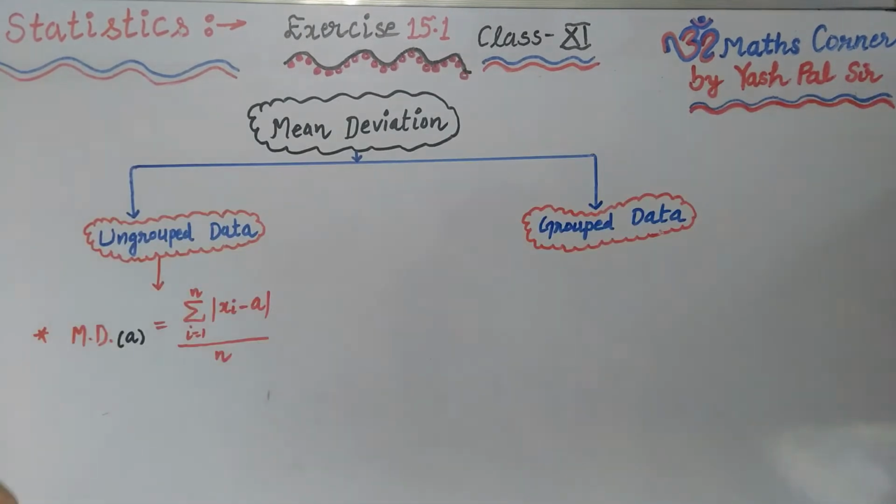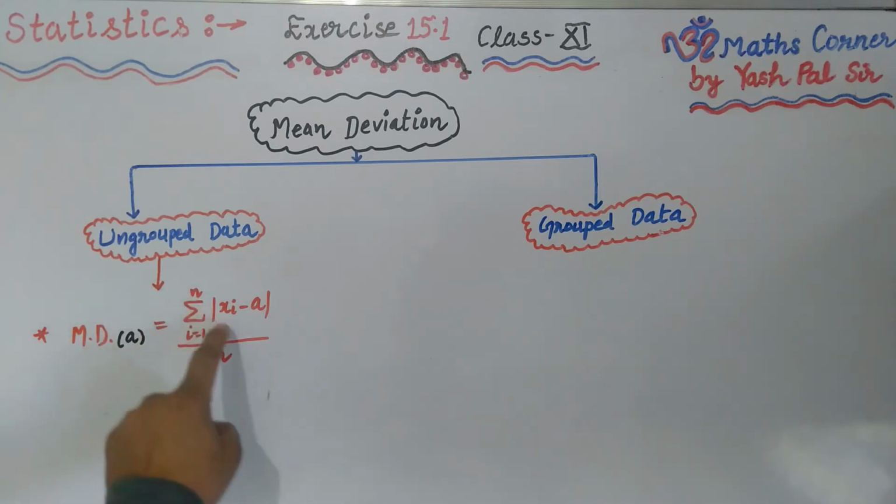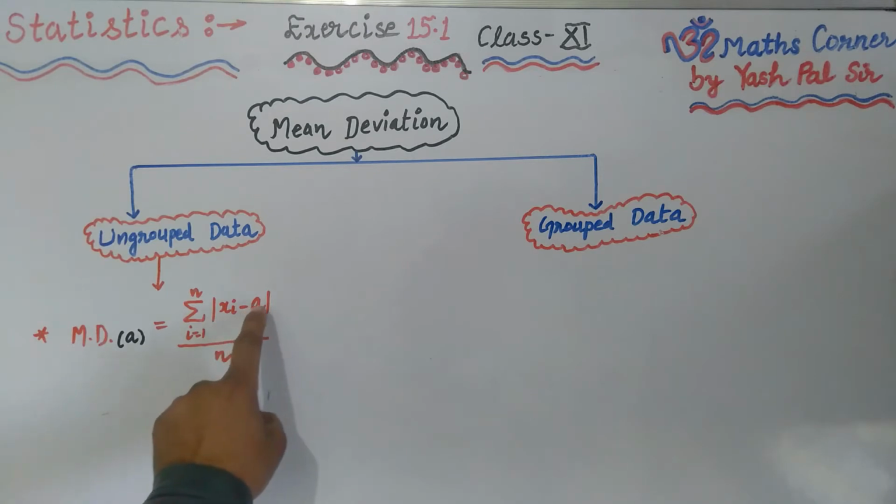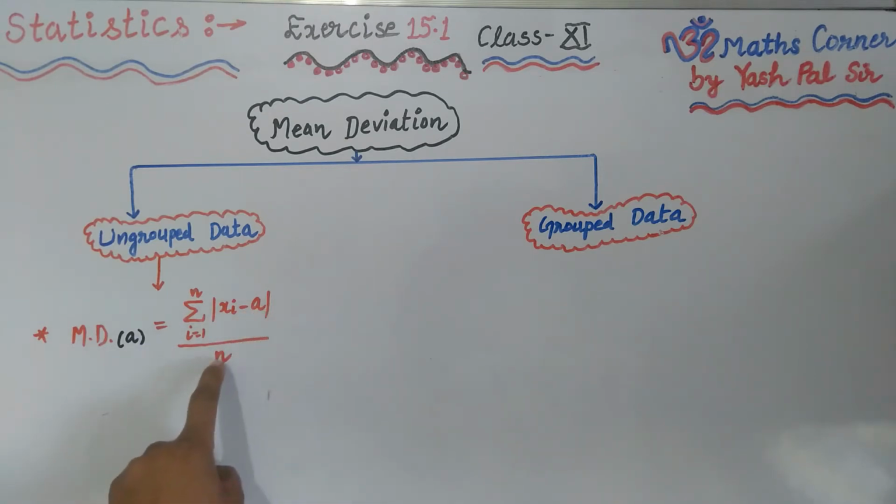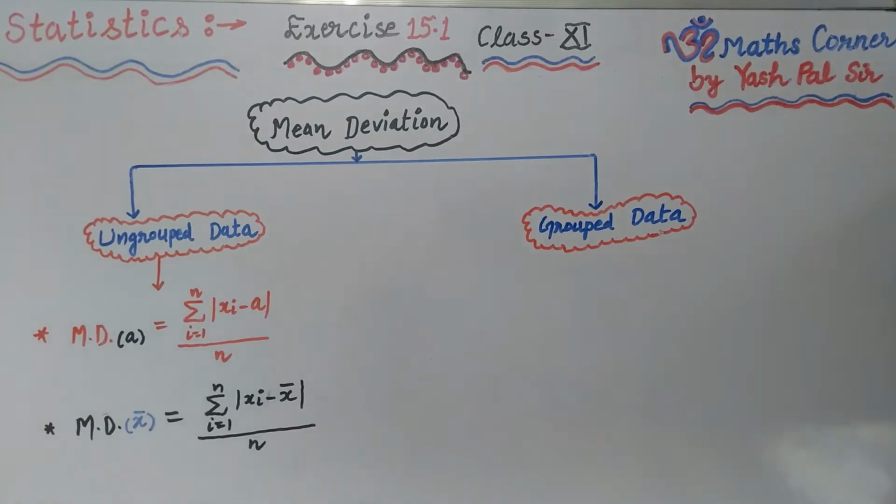Now the methods of how mean deviation is calculated. For ungrouped data, first of all, mean deviation about a, meaning assumed mean. The formula is summation from i equal to 1 to n modulus of xi minus a, whole divided by n, the number of observations.